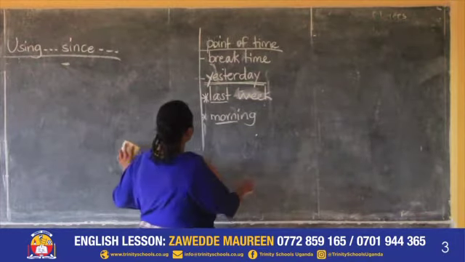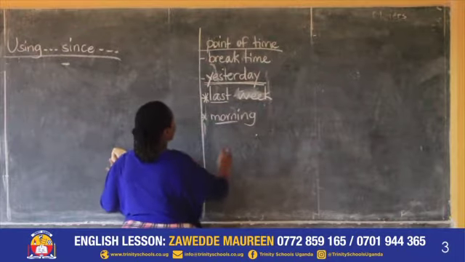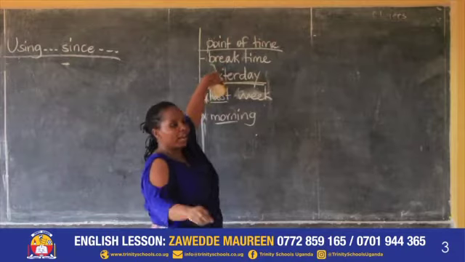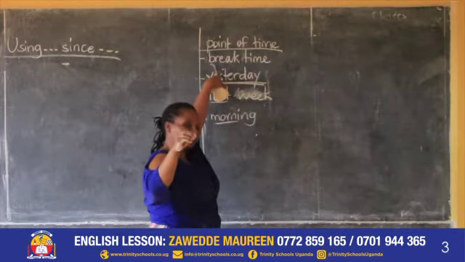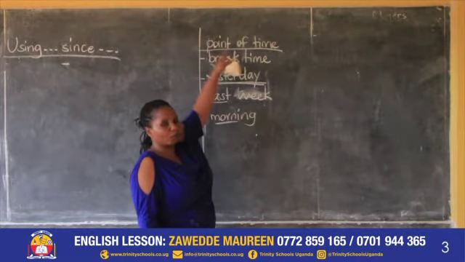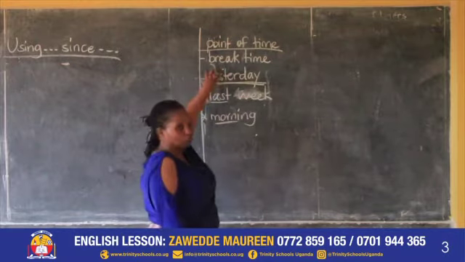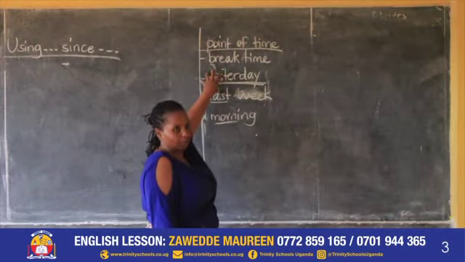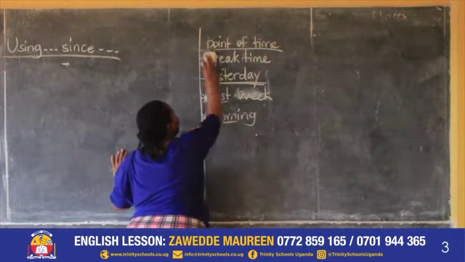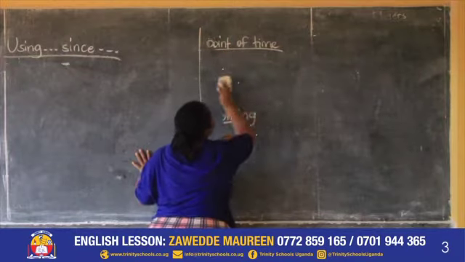Please note this, we are going to look at a point of time when an action last took place. But I said at P4 level, the teachers looked at the point of time when an action started happening. Still, don't confuse, we are going to understand and meet the two meanings.